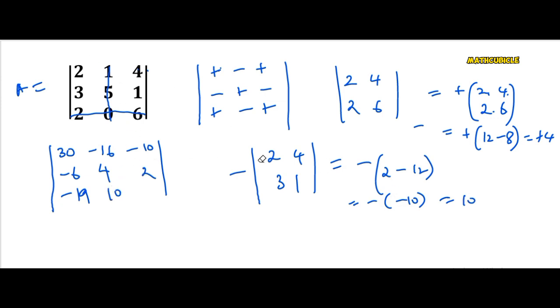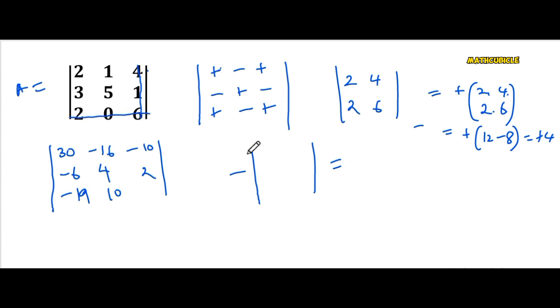And the last but not the least, the last is 6. So we'll rule this vertically and horizontally. So the minor of 6 becomes 2, 1, 3 and 5.